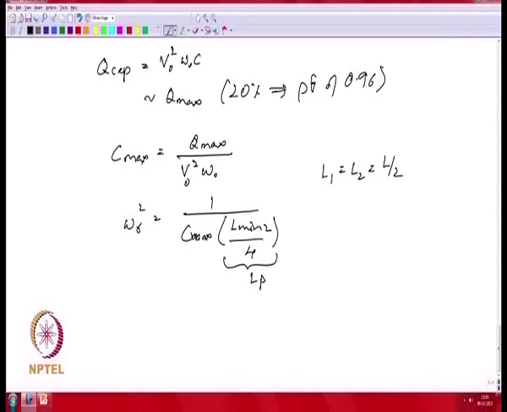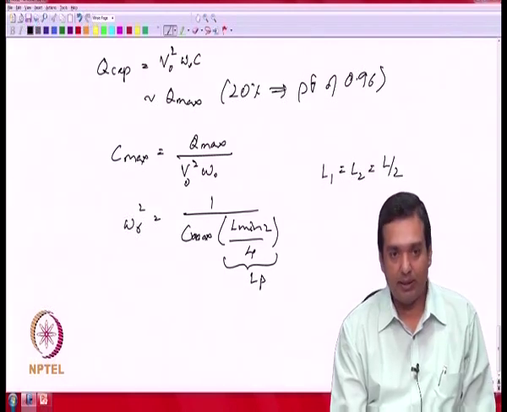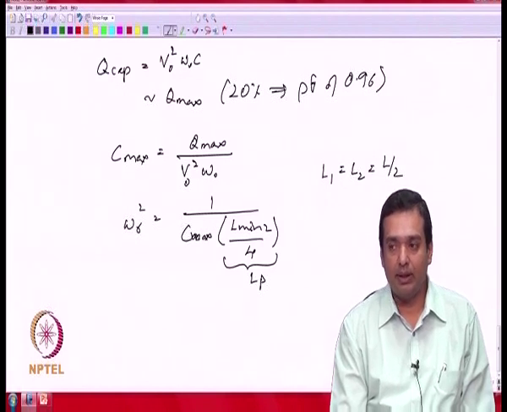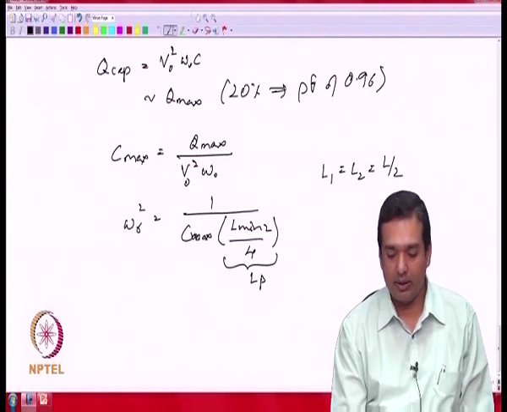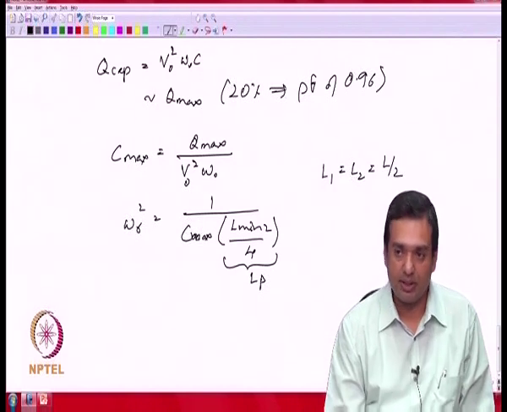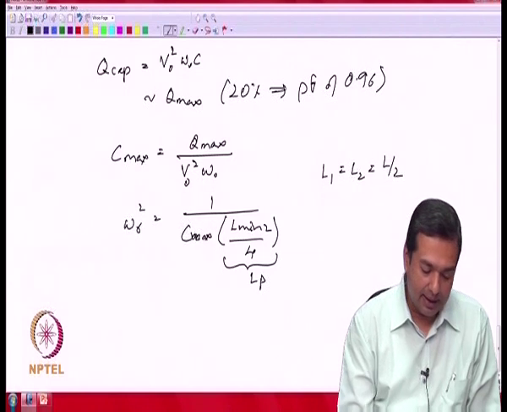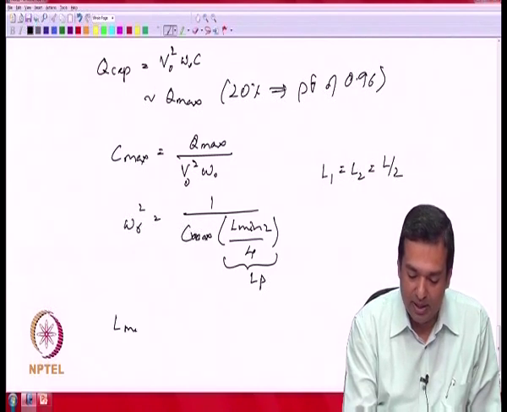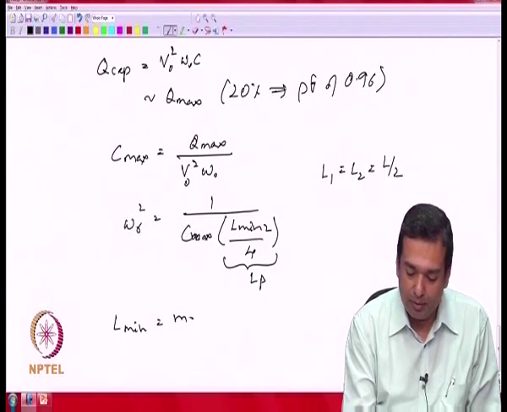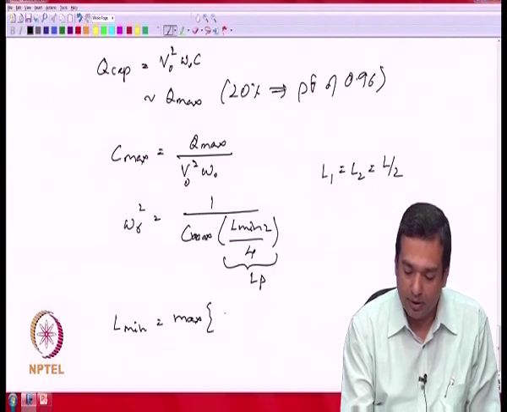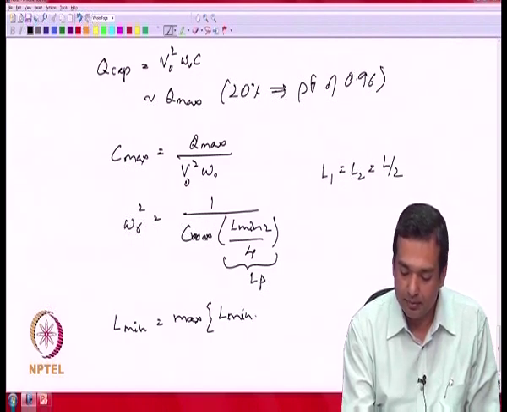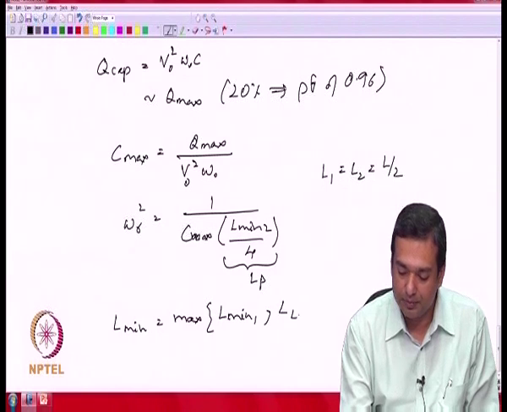So on the minimum side there are two constraints. One constraint is about the ripple current being injected into the grid. The second constraint is on the amount of reactive power that is being consumed by the filter, and you could then say your L min may be the upper limit of your L min 1 and L min 2.